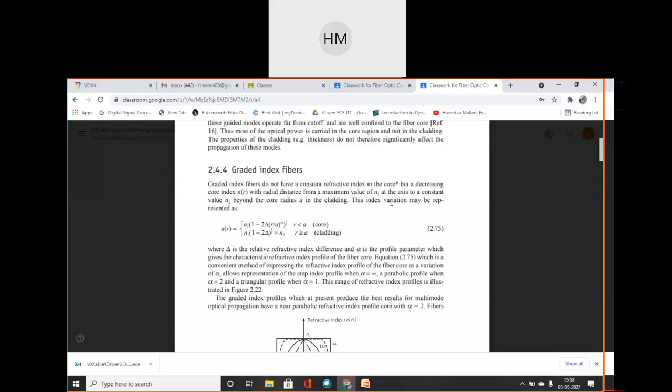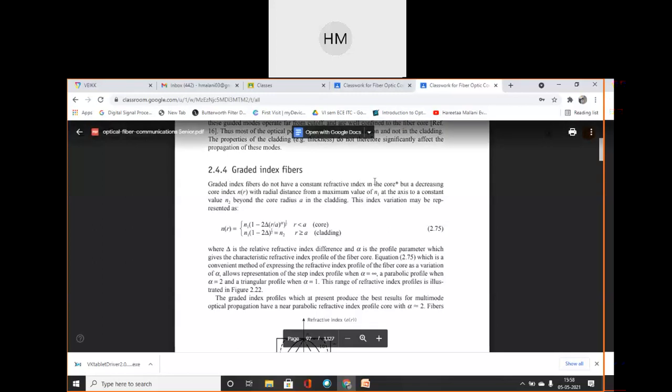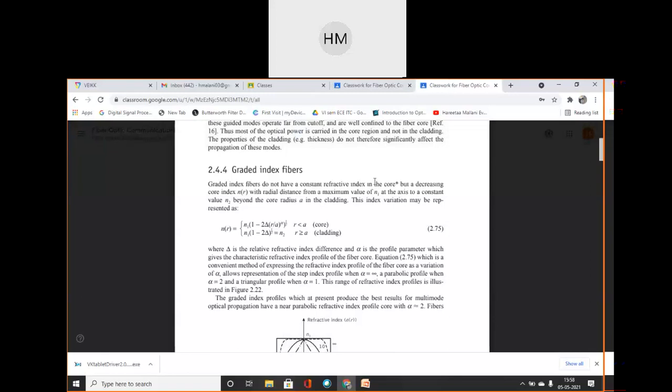Now today we will discuss this graded index fiber. Okay, so write down the heading. Students, we stopped at what topic? Mode field diameter was the last topic, or we have started with graded index fiber.